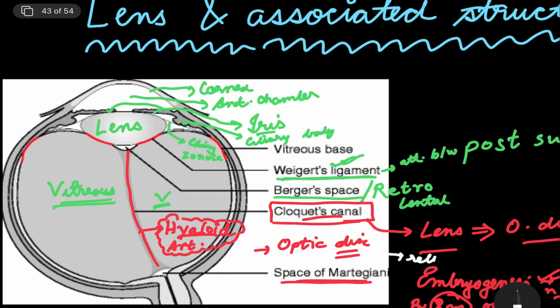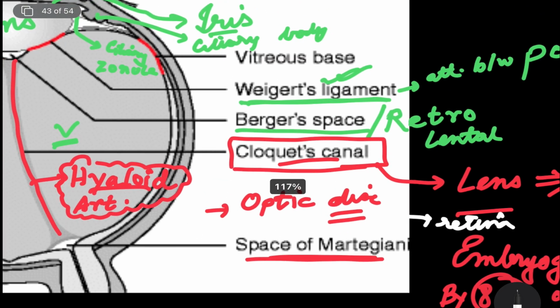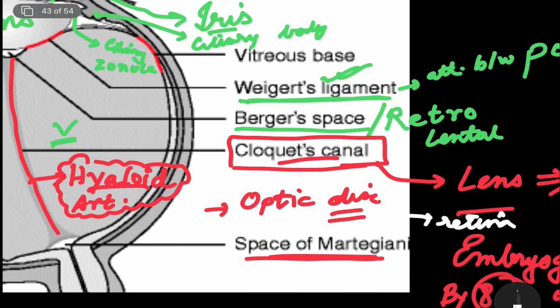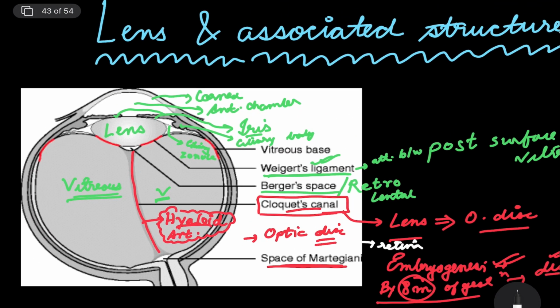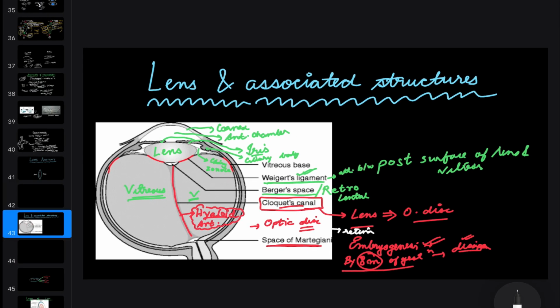So the space between the retina and the vitreous at the optic disc is called the space of Martegiani. It's not really a very important space, so we are not going to go into the details of that.